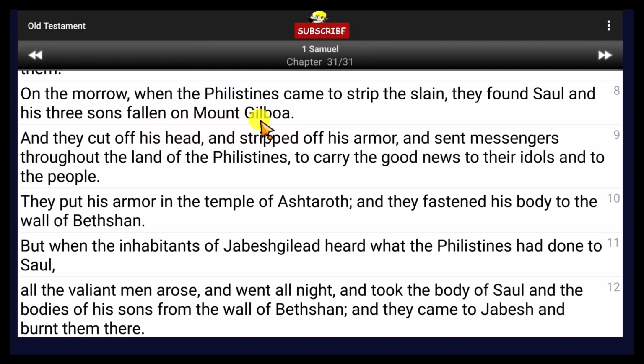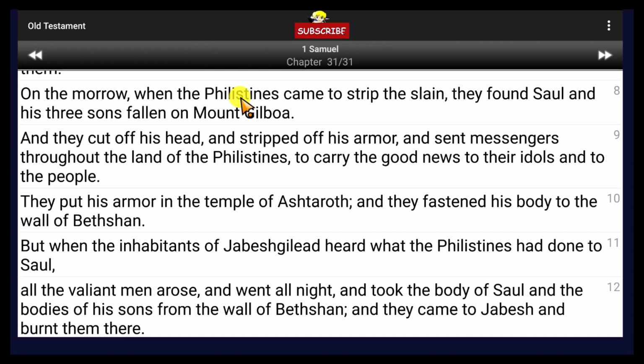You know, normally when there is a battle, after the battle is over, the winner would normally go into the enemy's camp and check the number of casualties and the people dead. And these are normally even shown in these ancient movies that we normally watch.